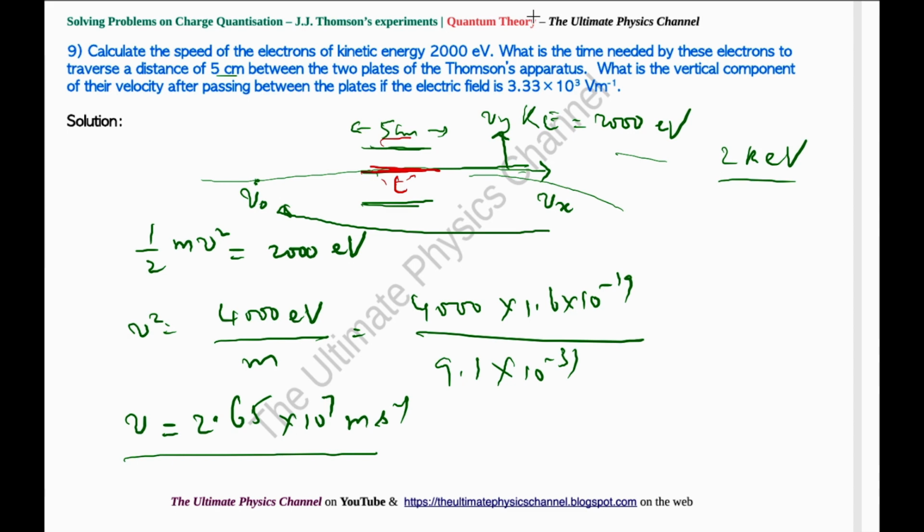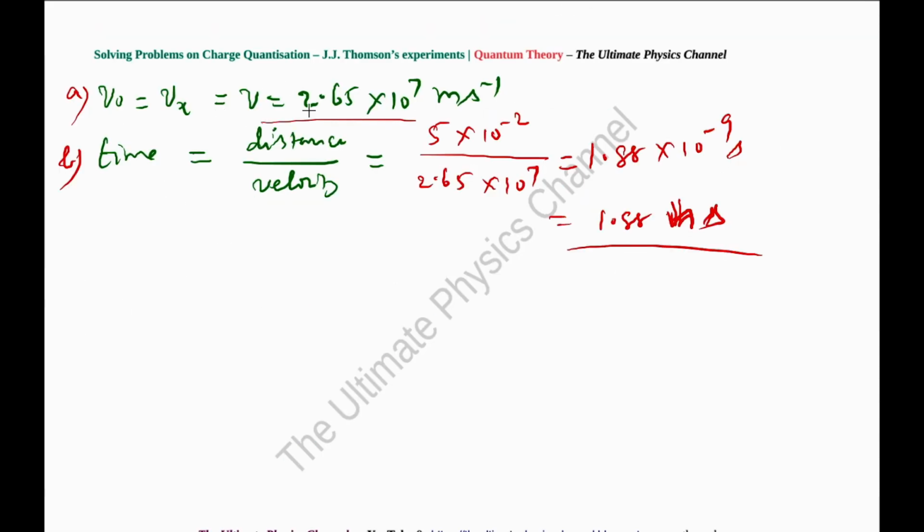No, we need the vertical component of the velocity, so we have used the horizontal component here to calculate the time. So the third part is the vertical component of the velocity, that is Vy. Remember, the duration is the same time for the Vx as well as the Vy. That is, the time taken for the electron to traverse is the same.